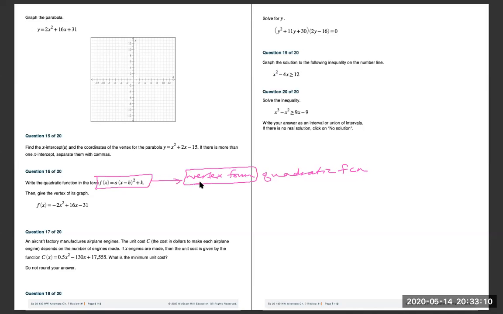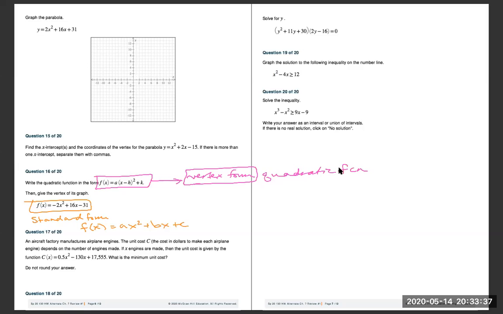Okay, so remember we also have standard form, which is what's given here. That's the f of x equals ax squared plus bx plus c form.